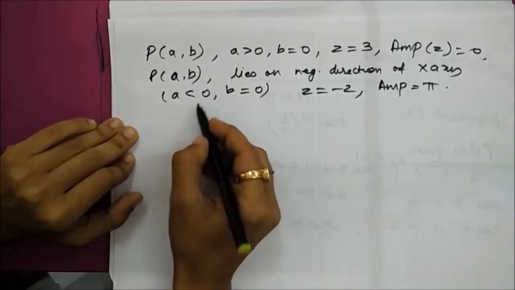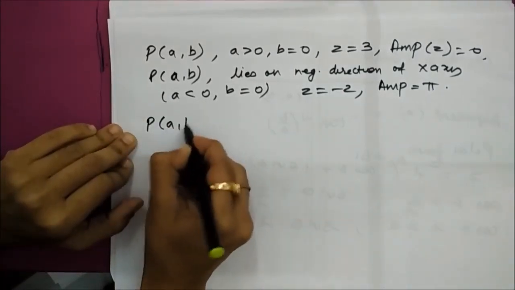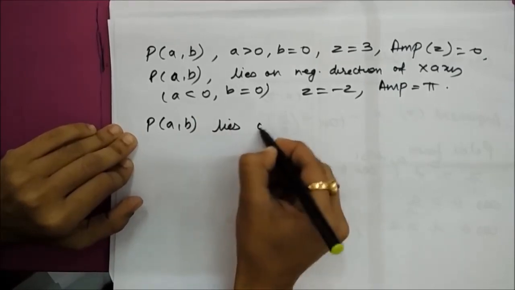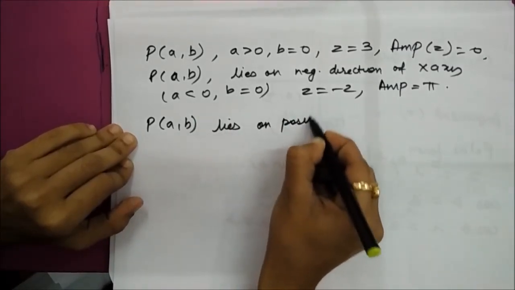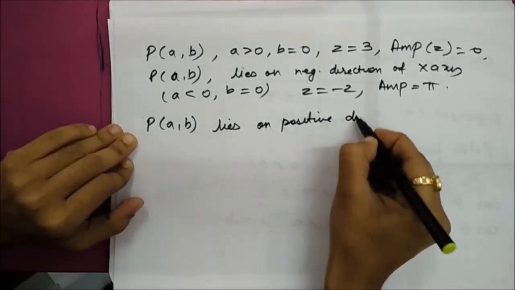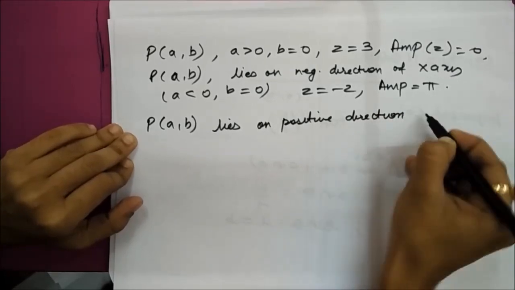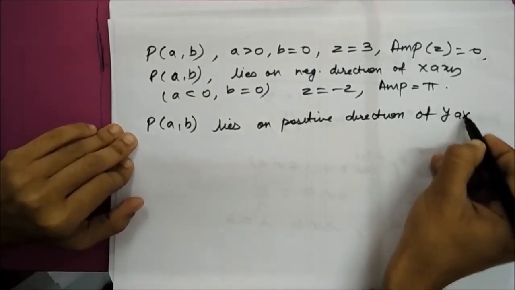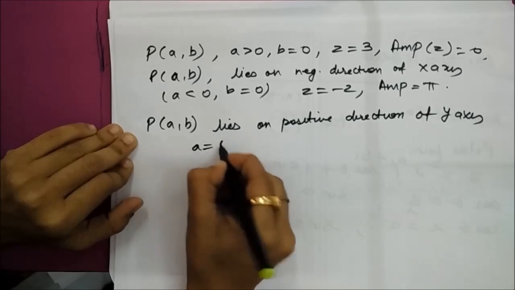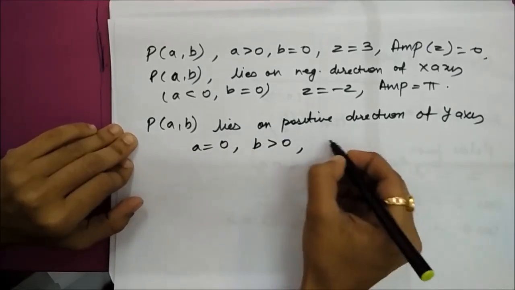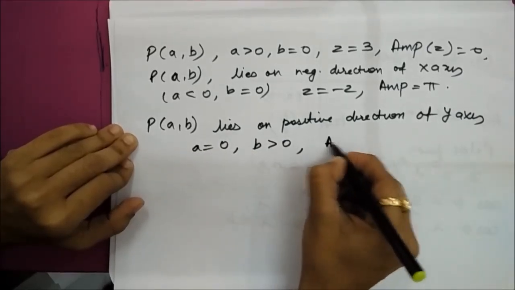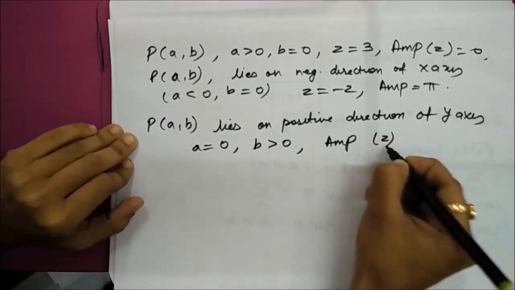After that, if P is a comma b and it lies on the positive direction of the y-axis, what you get is a equal to 0, b is greater than 0.